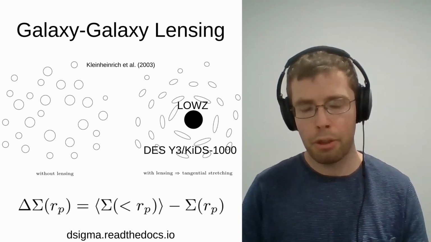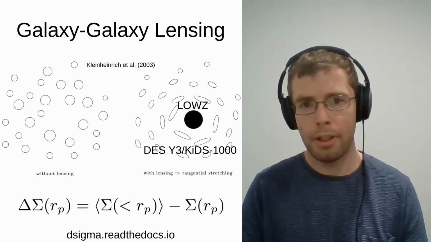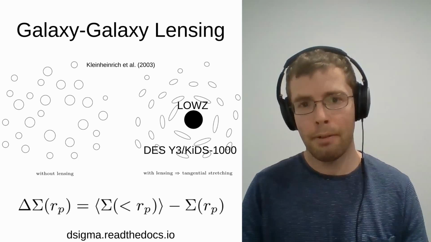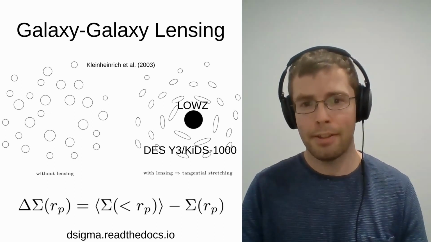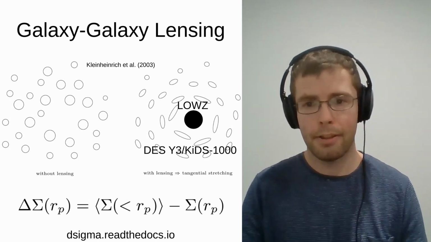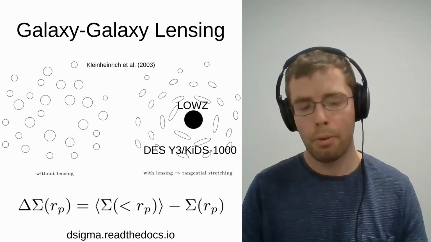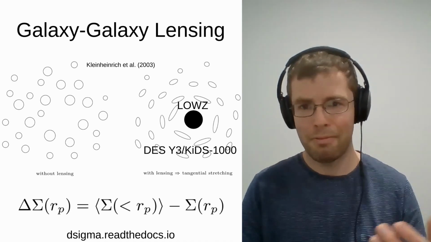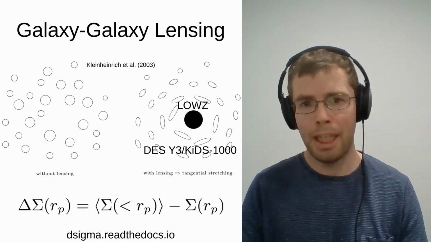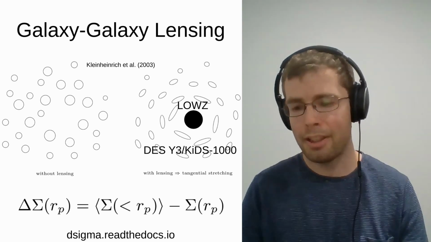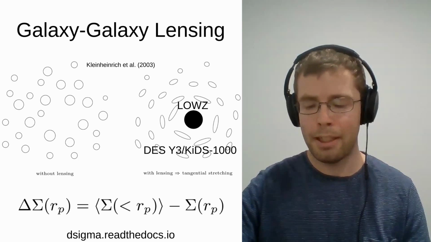So this is a general purpose lensing package that everyone can use to measure galaxy-galaxy lensing for arbitrary lensing datasets, including DES, KiDS, but also, for example, the Hyper Suprime-Cam data or the CFHTLenS data. So if you want to reproduce lensing measurements in our paper or for other lenses, that can easily be done.